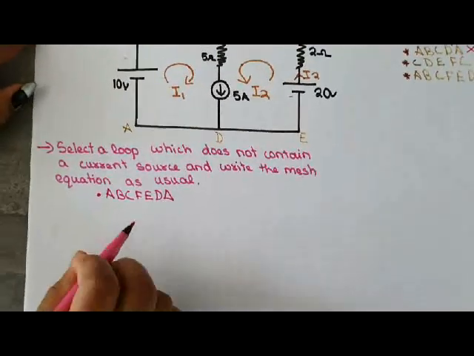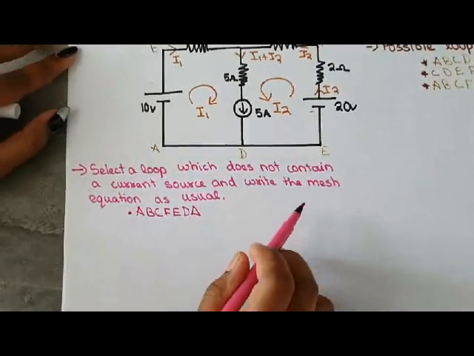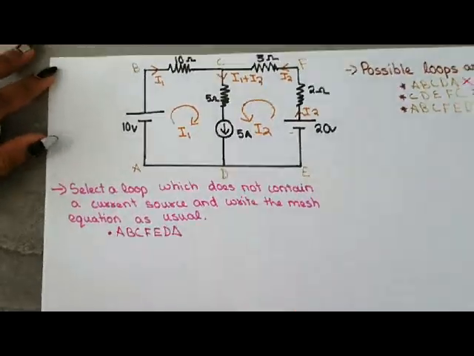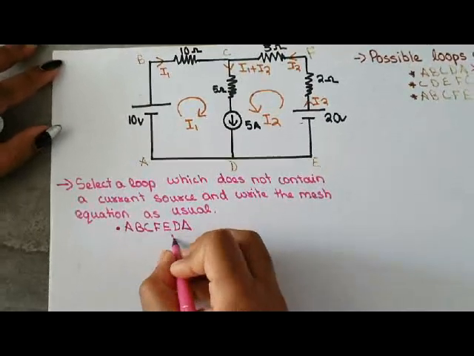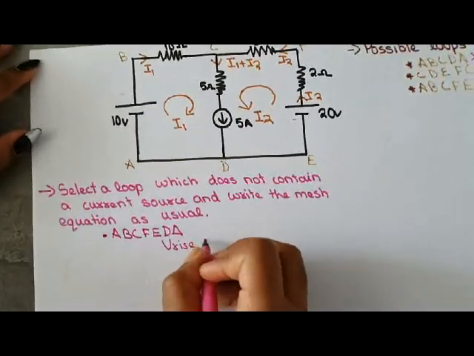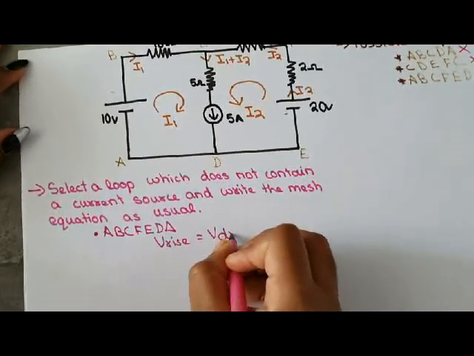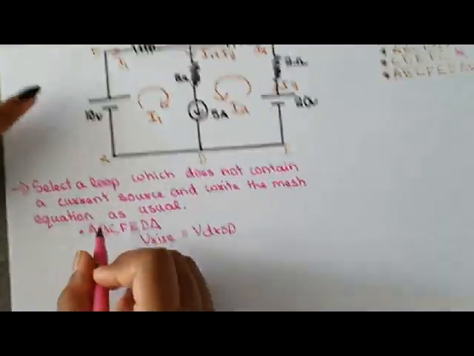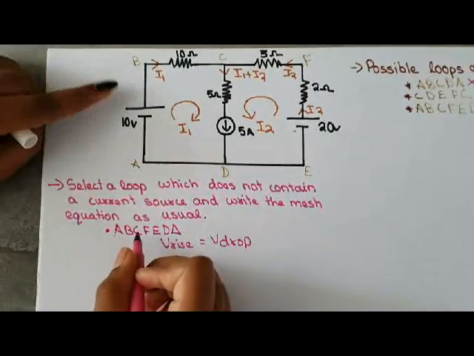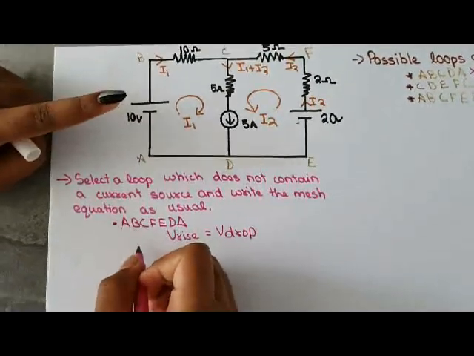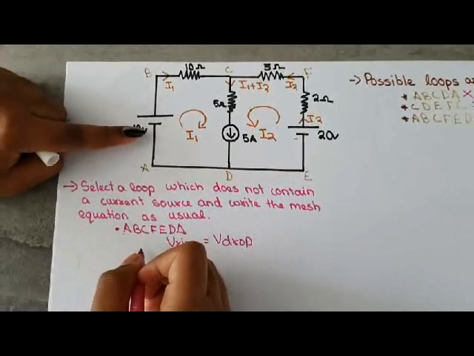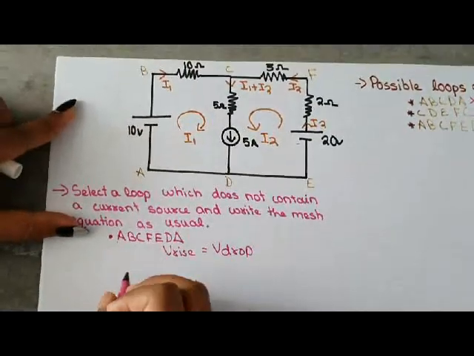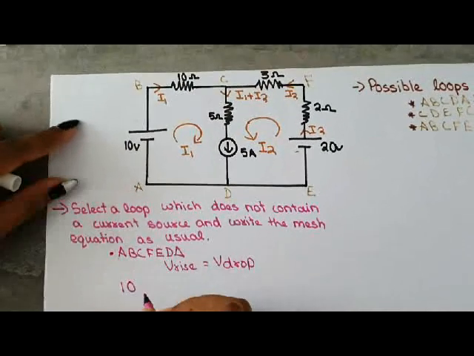Now we write the mesh equation just like we did in the last videos. I'm going to directly write V rise equals V drop. Let's begin from A to B. A to B we have a 10 volt voltage source and we're moving from negative to positive, which is a voltage rise, so 10.